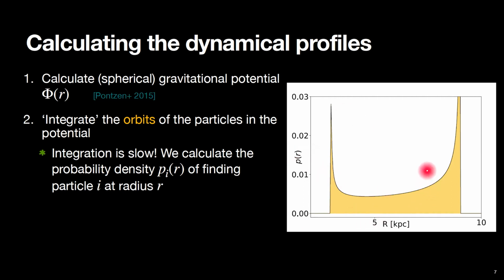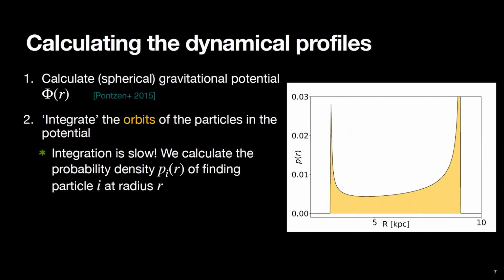This graph represents the probability of where you would find one of your example particles at different radii, and the higher the probability, the more likely you are to find your particle there. This is for an example particle with a pericenter of about 4 kiloparsec and an apocenter of about 9.